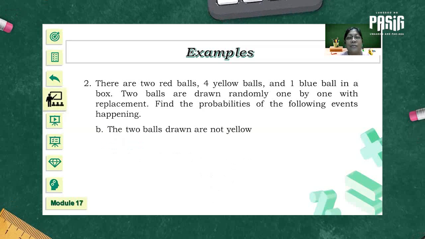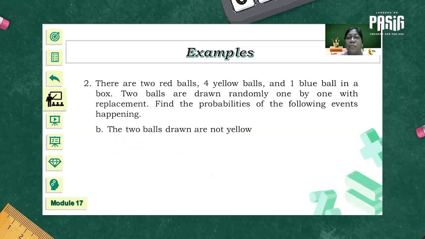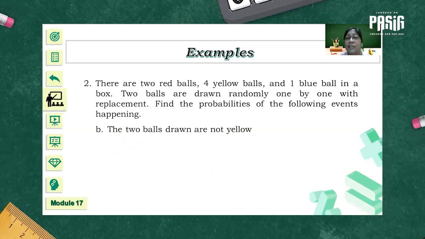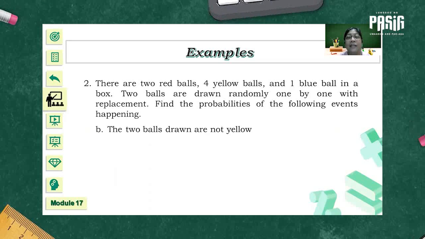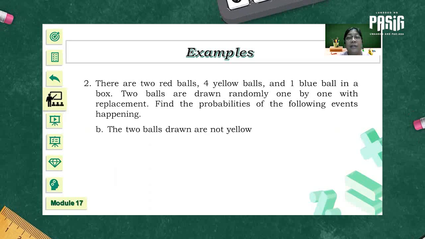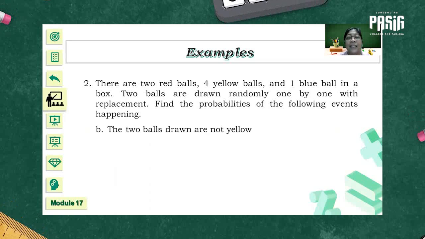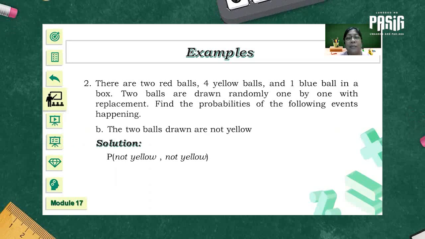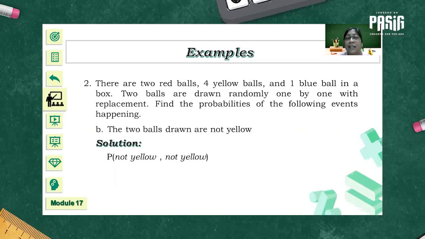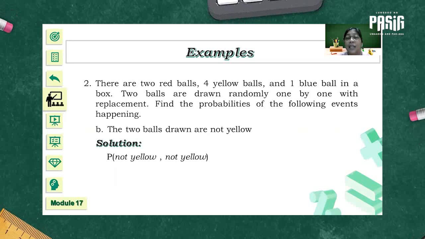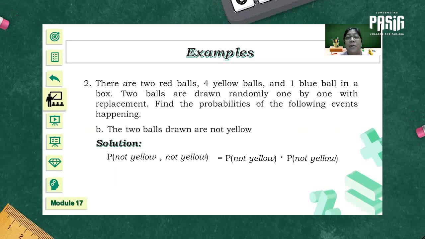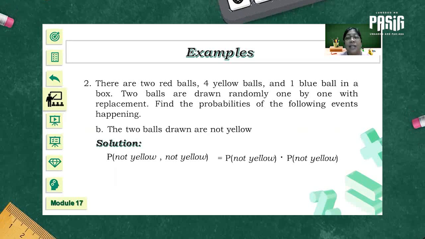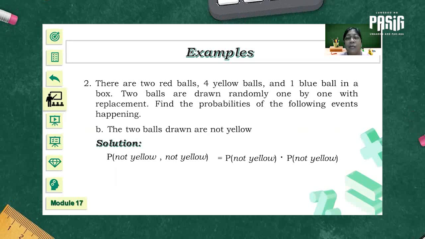Let's proceed to letter B. This time, the 2 balls drawn are not yellow. What does it mean? It means you get a non-yellow ball at first, and then on the second attempt, you'll get another non-yellow ball. So therefore, it's the probability of getting a not yellow and another not yellow, which is equal to probability of not yellow times the probability of not yellow.